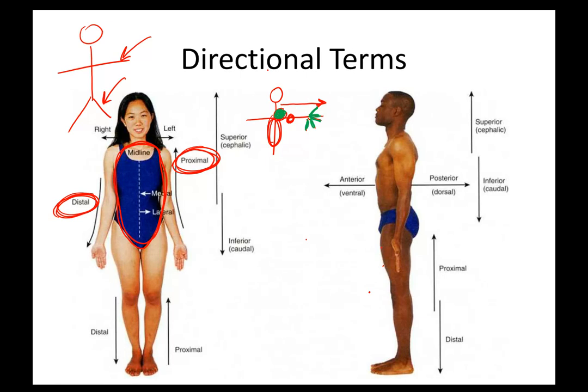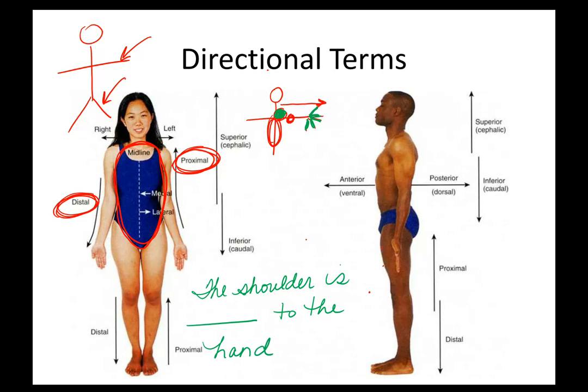Remember with these terms, you always have to have two points on the body because you're describing the differences between two different places on the body. So the shoulder is blank to the hand.